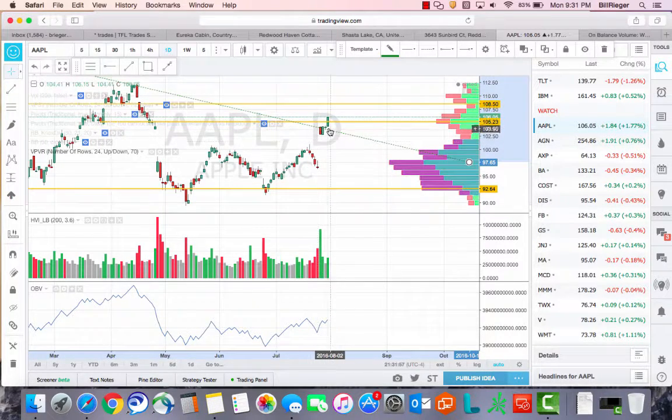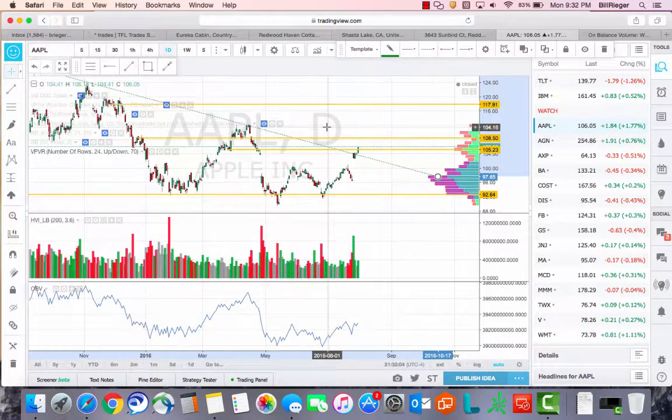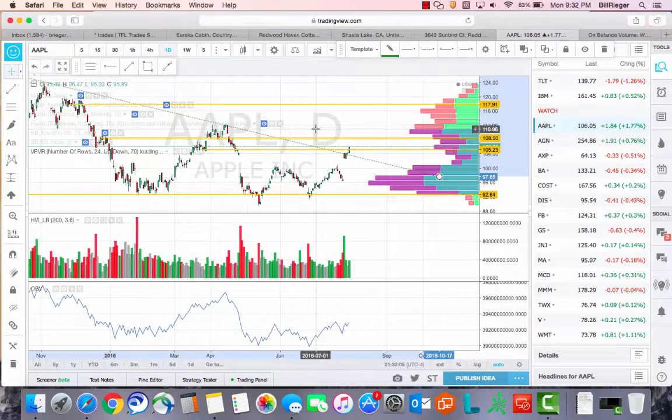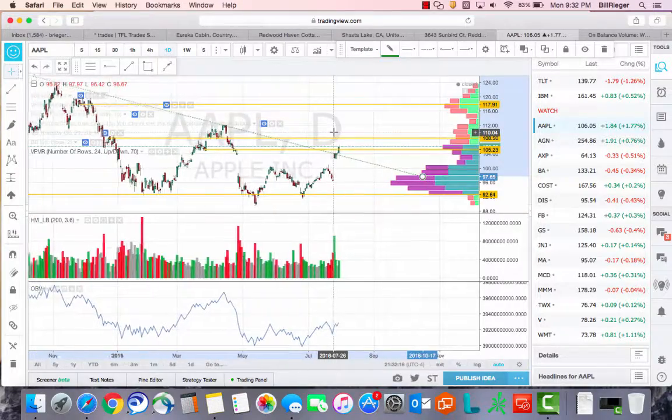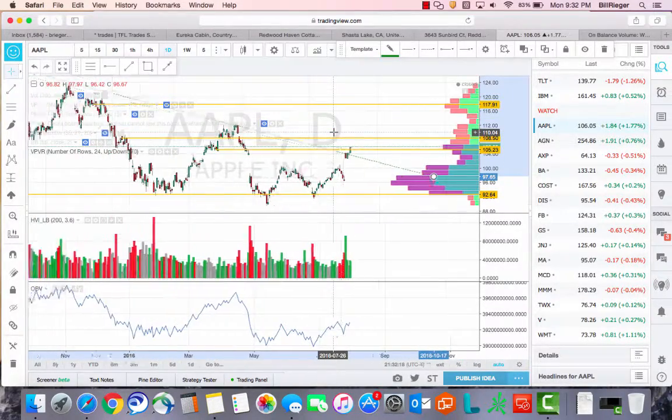I would be interested in a trade here if I saw some price and volume combination that says we're going back down, but I'm not seeing that, and I'm not interested in taking this long yet. I may be interested in going long if I see some activity this way, then back down this way, and then a bounce off this in any way, shape, or form. We'll have to wait and see what happens here.